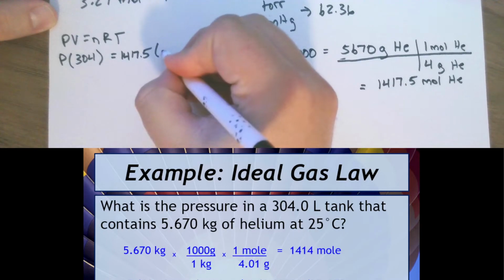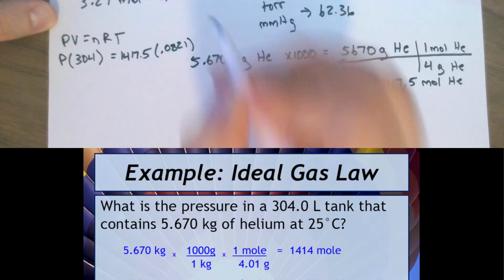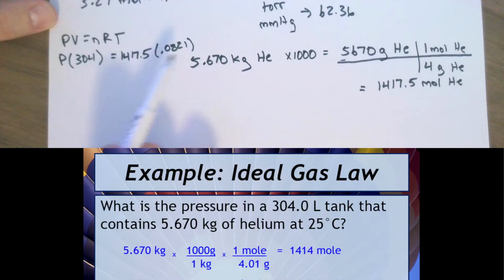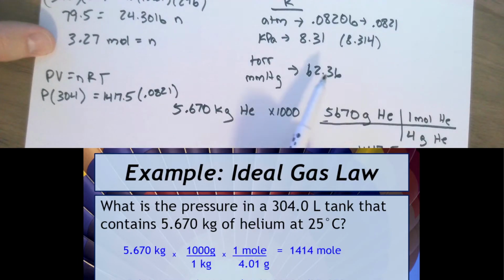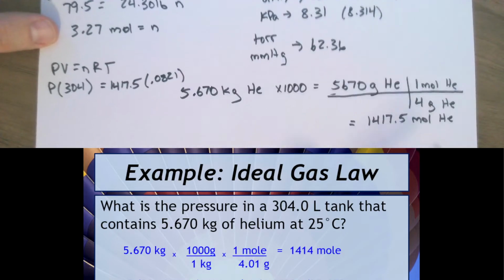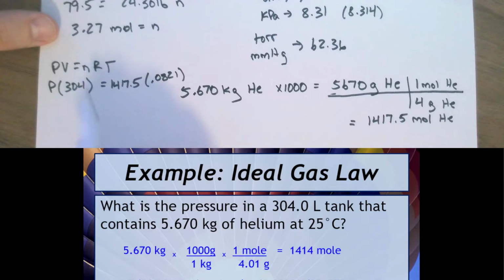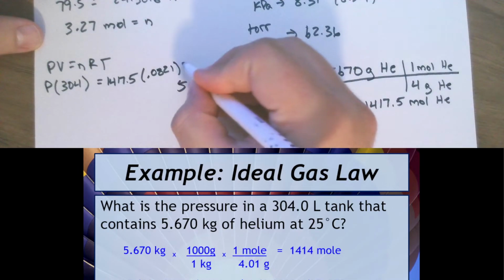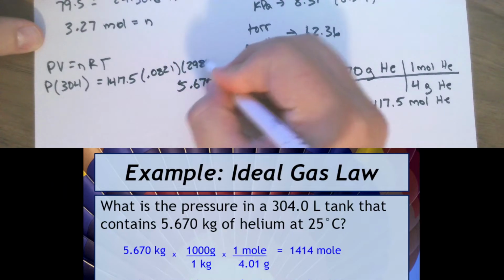I'm going to put in the same gas constant from over here, 0.0821, and my answer will be in atm because of that. If I chose one of these other gas constants, then the unit of pressure for my final answer would just match with that unit of pressure. Last thing I have here is temperature. I have 25 degrees Celsius, so I have to turn that into Kelvin by adding 273, that equals 298.